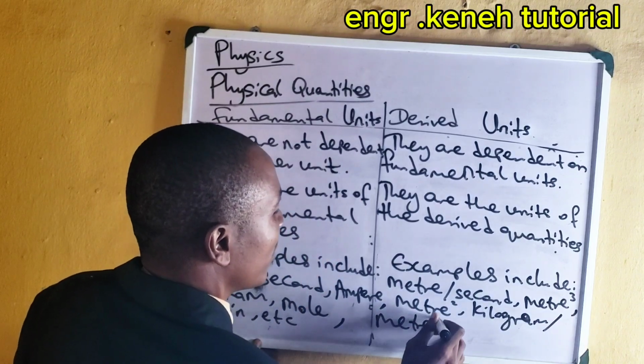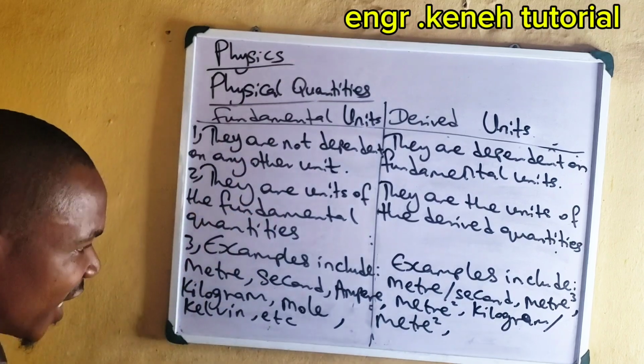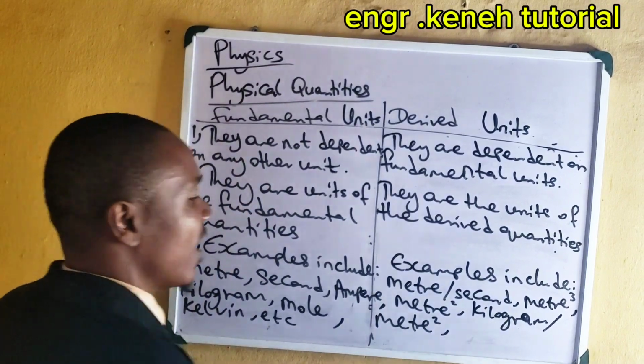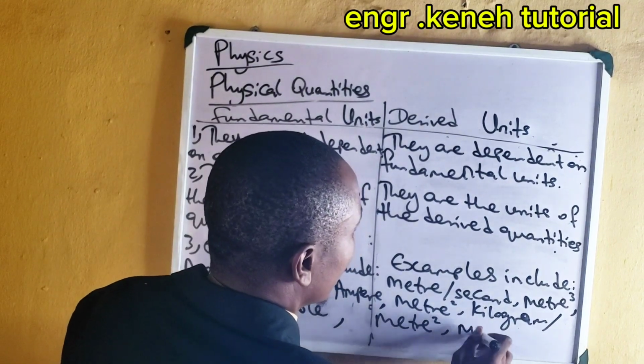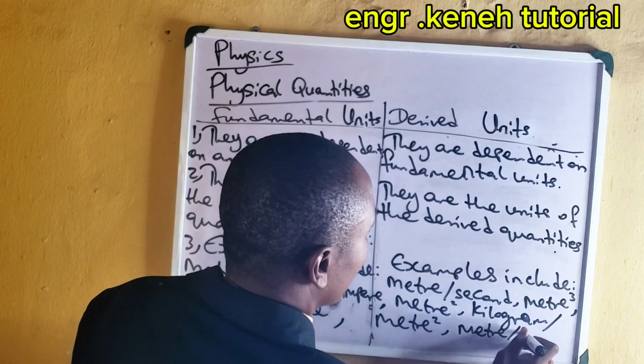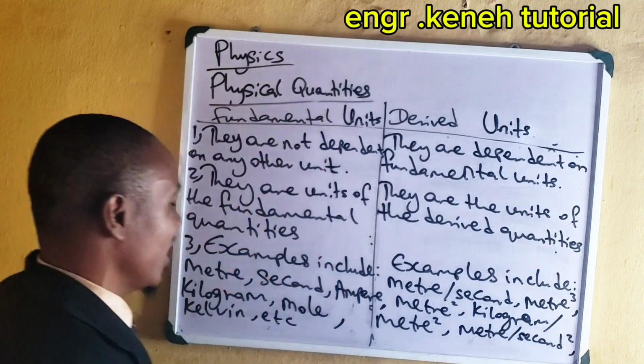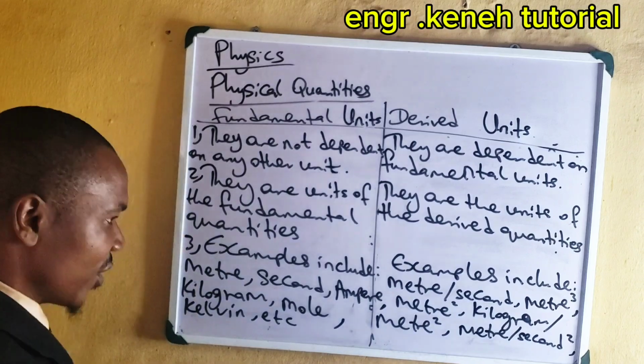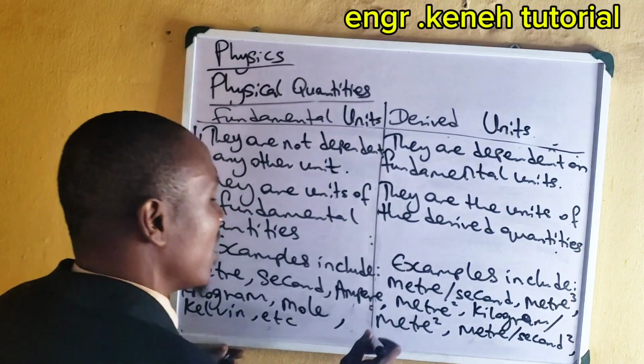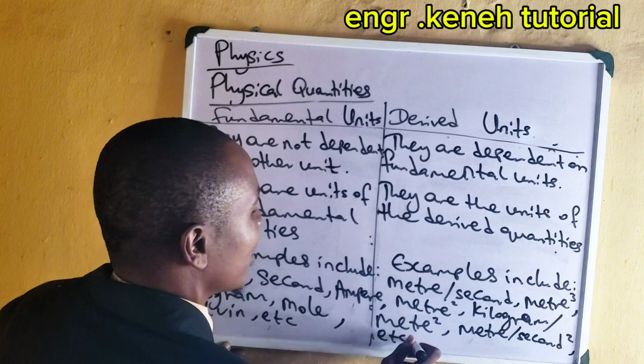I have kilogram per meter cube, that is the unit of density. I have meter per second square, that is the unit of acceleration.